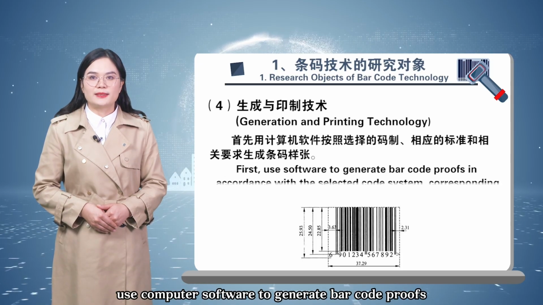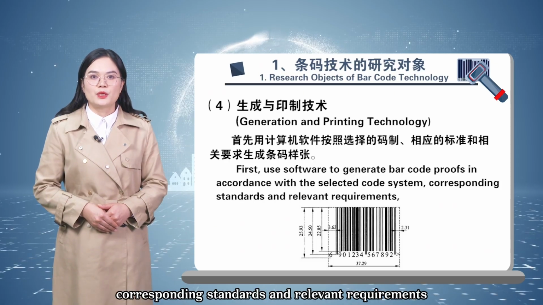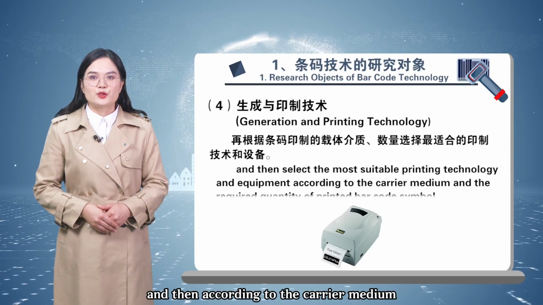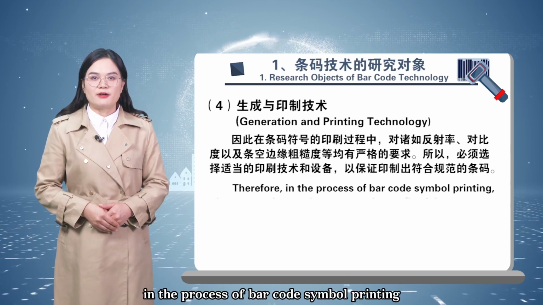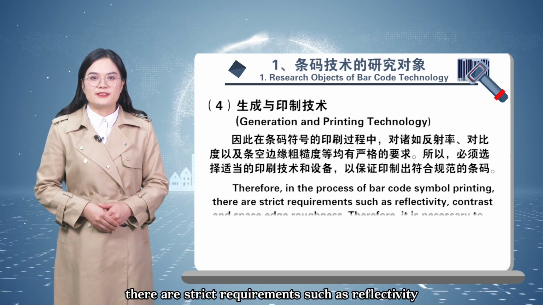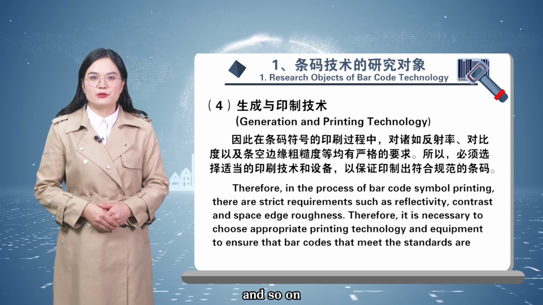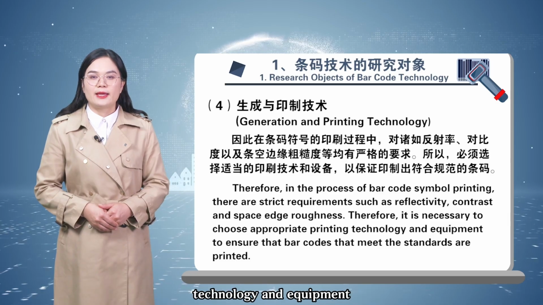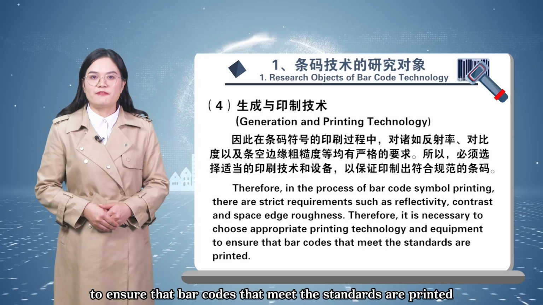First, use computer software to generate barcode proofs in accordance with the selected code system, corresponding standards, and relevant requirements, and then according to the carrier medium and the required quantity, select the most suitable printing technology and equipment. Therefore, in the process of barcode symbol printing, there are strict requirements such as reflectivity, contrast, and bar space edge roughness, and so on. Therefore, it is necessary to choose appropriate printing technology and equipment to ensure that barcodes that meet the standards are printed.